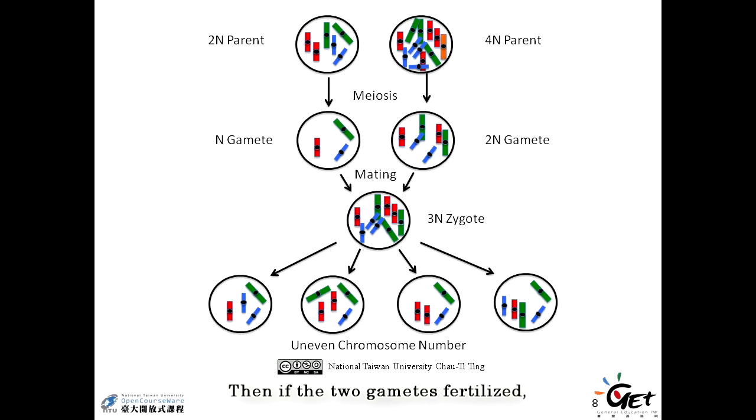Then if the two gametes fertilize, you will see a 3n individual, which will be problematic when this individual performs meiosis and forms gametes. So this is one of the interesting topics in speciation, because we know once the tetraploid forms, the reproductive isolation is complete immediately.